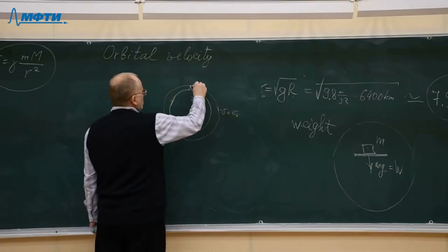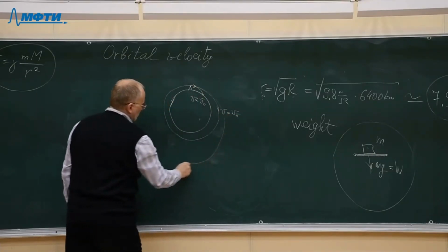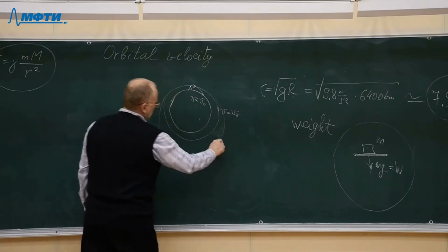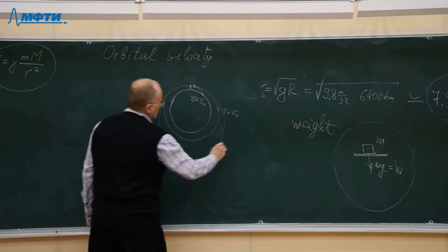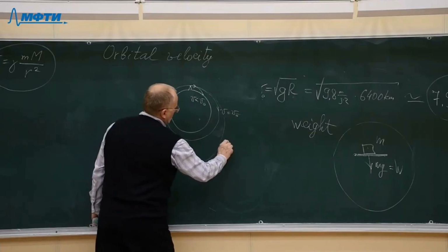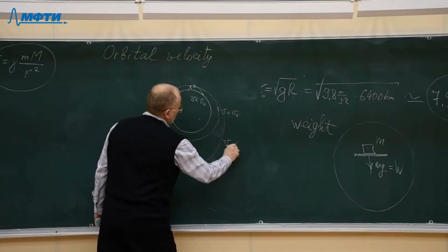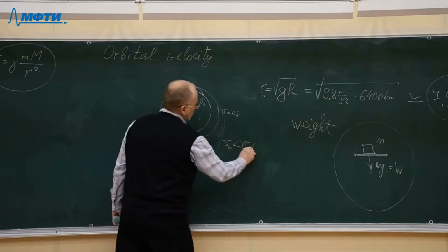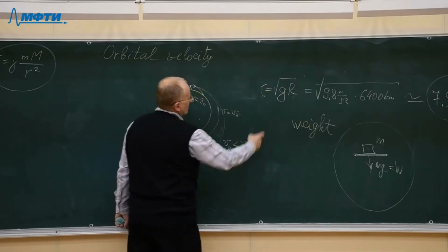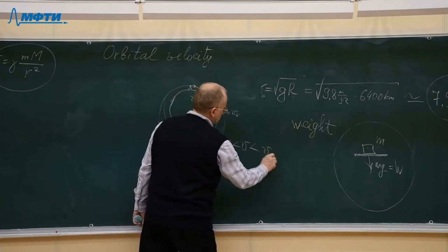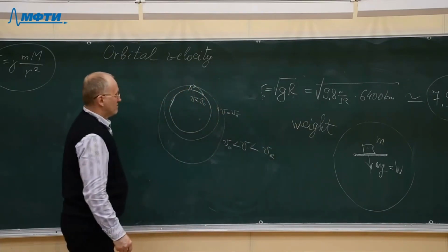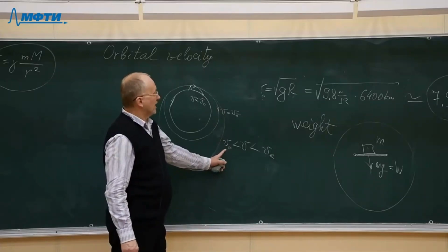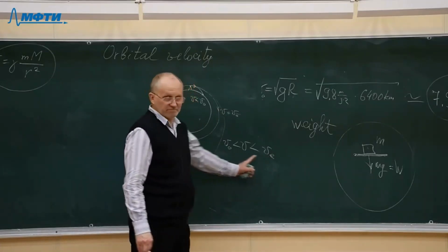If the velocity is higher than the orbital velocity but smaller than the escape velocity, then the trajectory will be elliptical. So between something like 8 and 11 kilometers per second.